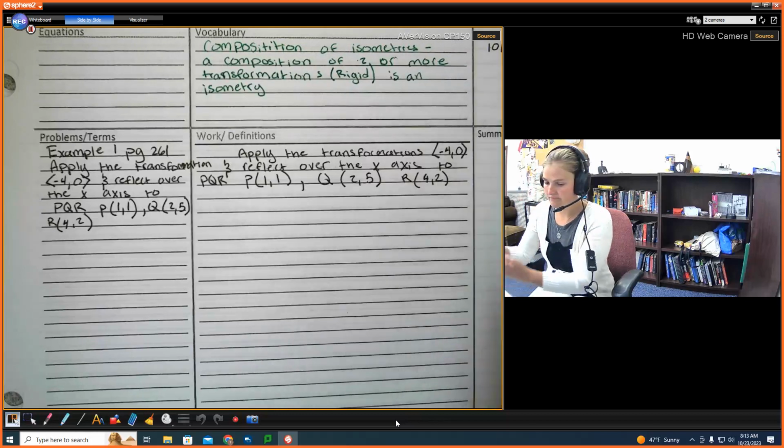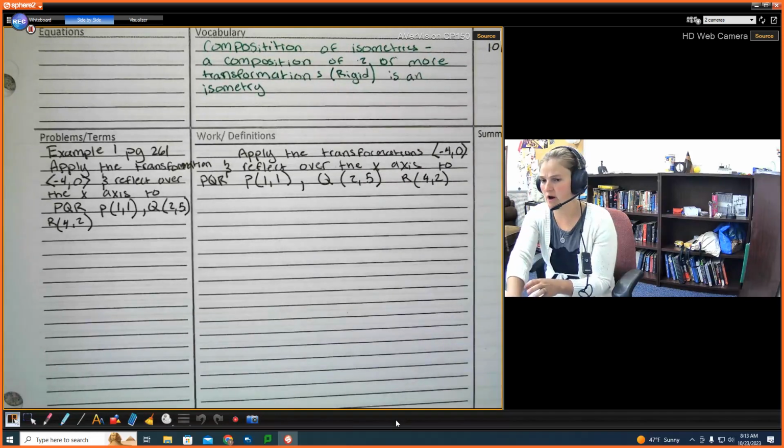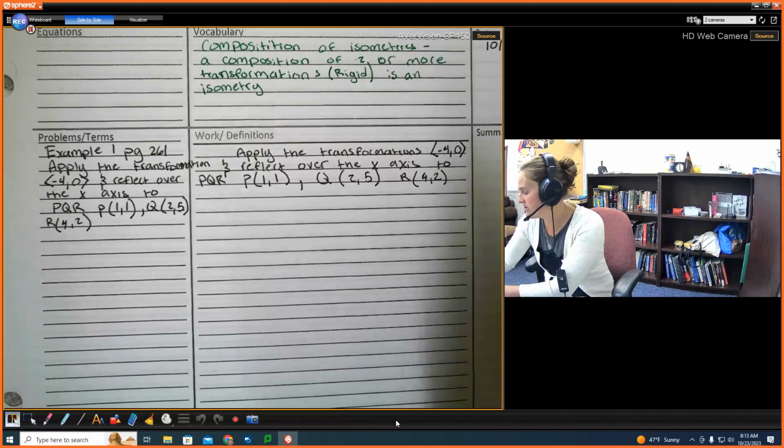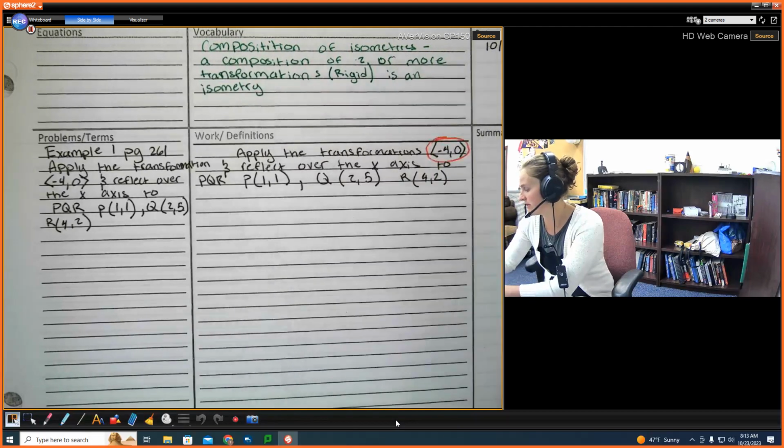Okay. All right, now switch to red for our work. Okay, so the way that we do these is we do them one transformation at a time. So we're going to apply the first transformation first. How do we apply a vector? Who remembers? The x affects x, the y affects y. So we're going to be adding this.